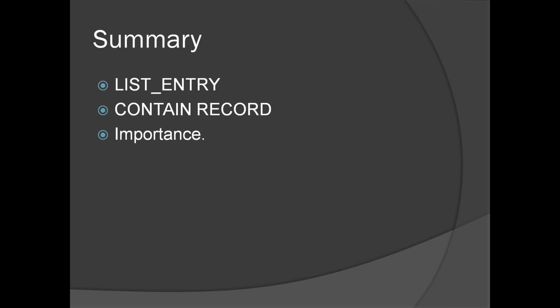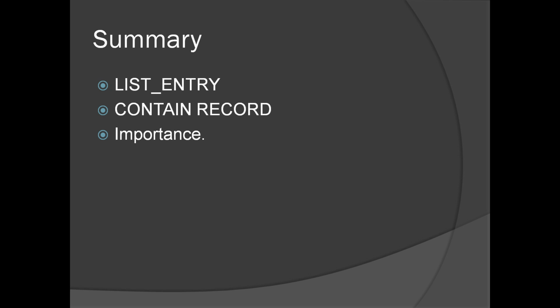So we have seen the list entry containing record macro and the importance of it. So if you're into some kernel programming or something similar, this is very important. At least you should know how to use it, even if you don't understand the internals of it.